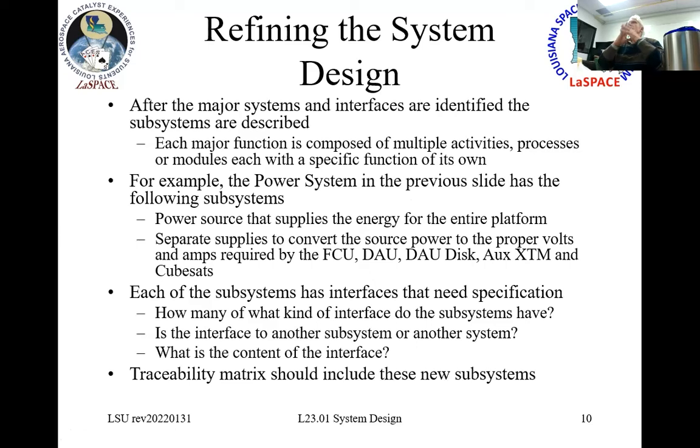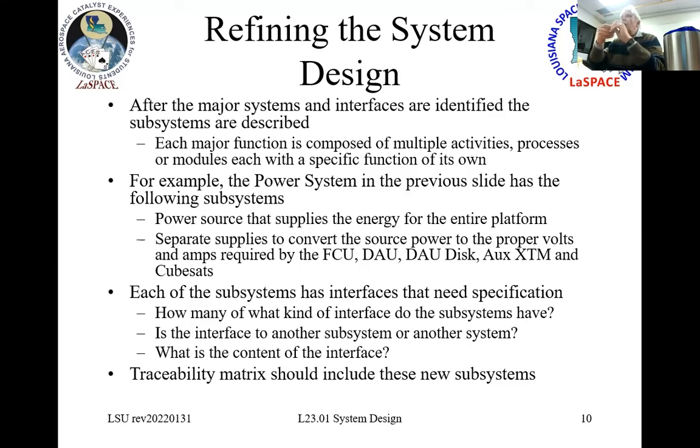So now after you've identified this high level design, you want to go one level down. Each of these major functions has multiple things going on inside of it: multiple activities, processes, modules, interfaces, etc. For example, with this power system, there's some sort of a source of energy for the entire platform.